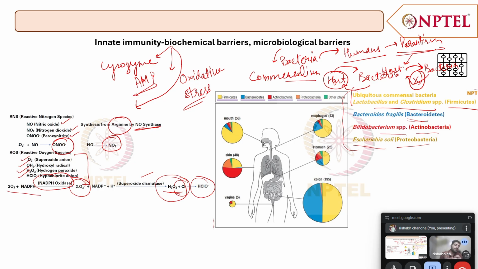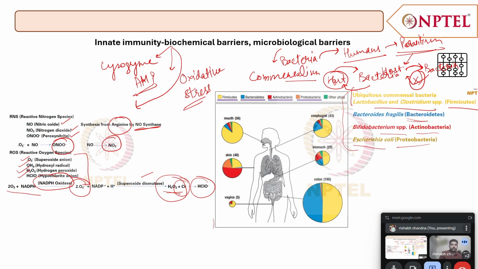For example, if you drink a very cold soft drink or anything, it compromises the environment and they can be activated to cause diseases. So this was a tiny example that you would have seen in your day-to-day life also.